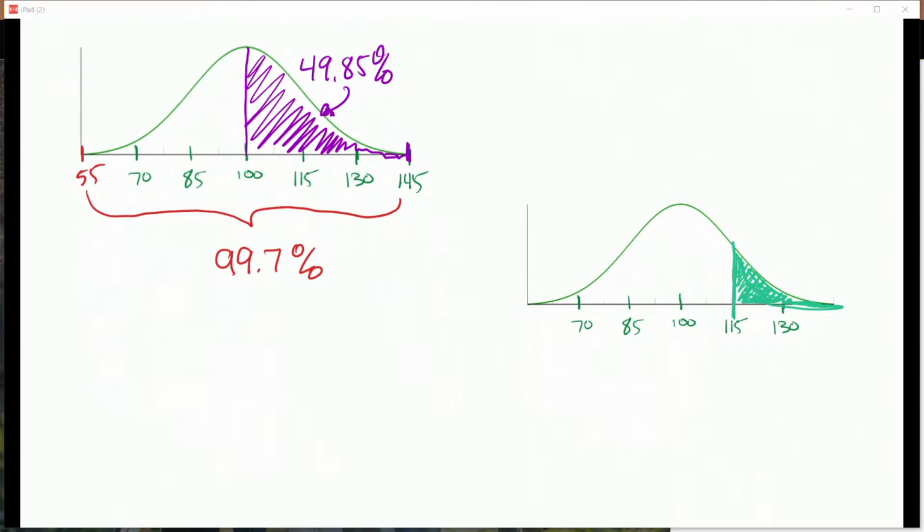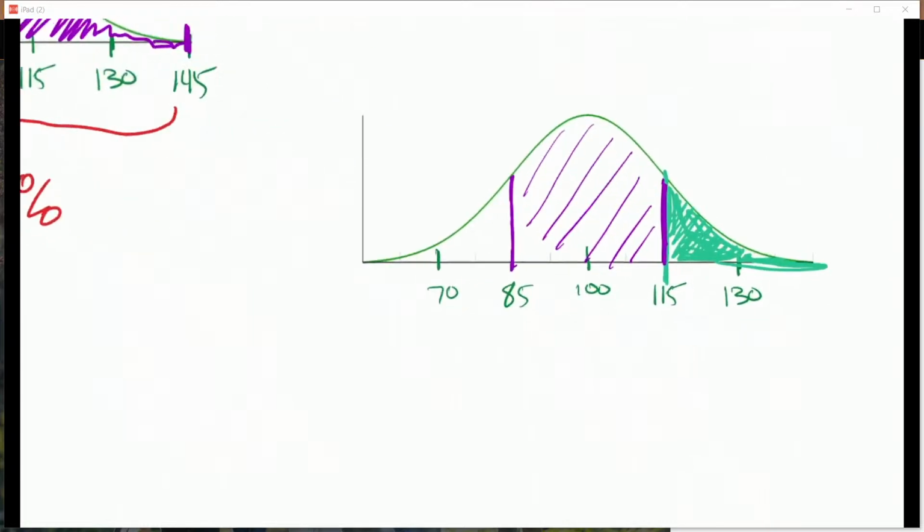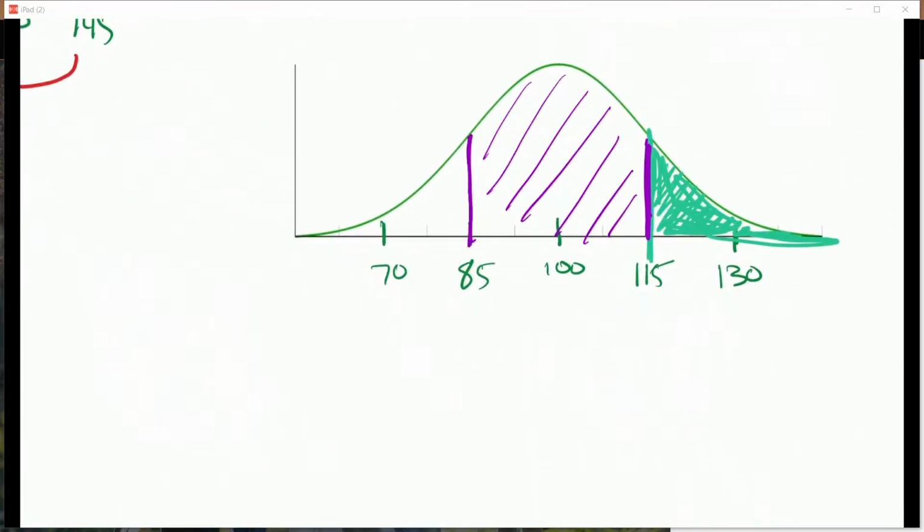Let me just back off for a sec and talk about this range. This purple range right there between 85 and 115. Let's get that percentage first, and then we'll use that as a stepping stone to get the next one. Aubrey, do you remember what percentage are 1 standard deviation away from the mean? 68. That's right.